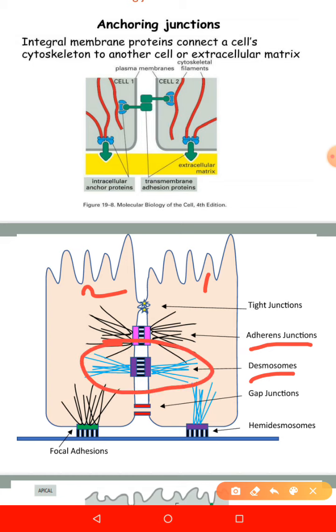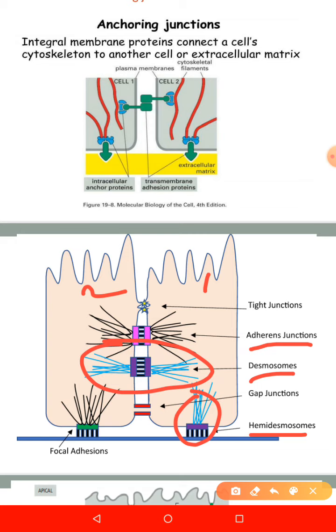For the desmosomes, the proteins involved are cadherins. It is a cell-to-cell attachment. We can find them in the epithelial lining and also in the skin. And then we have the hemidesmosomes. Hemidesmosomes are made up of a protein called integrins.